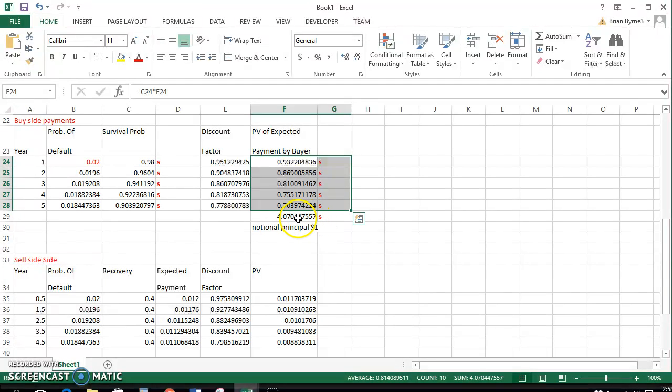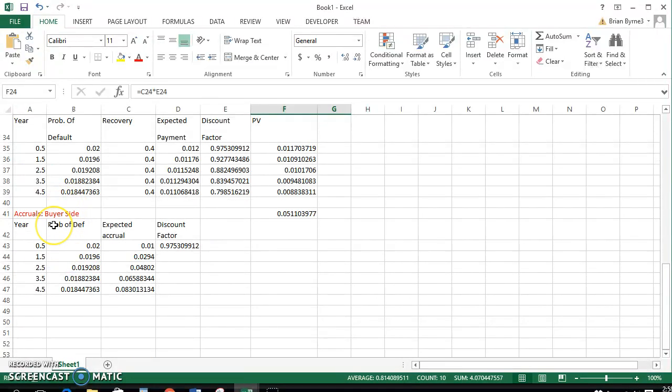So pre-committing to pay 5S, when adjusted for survivorship and discounting, is equal to 4 in present value terms, roughly. In addition, on the buy side, if default does occur, you must pay.